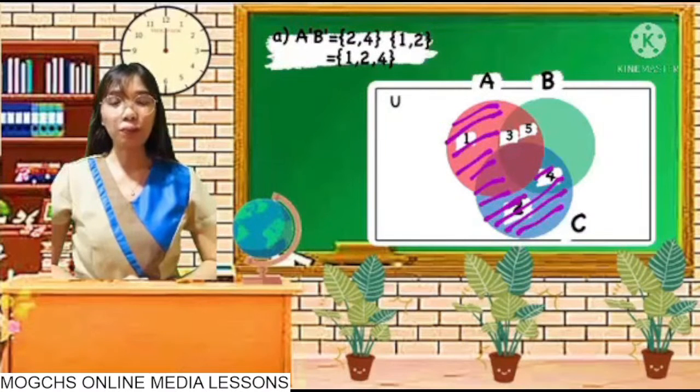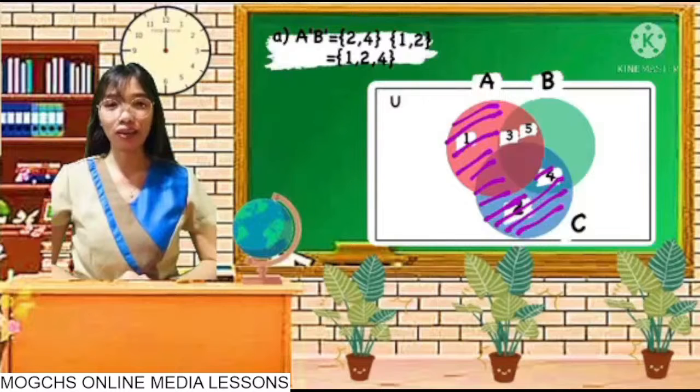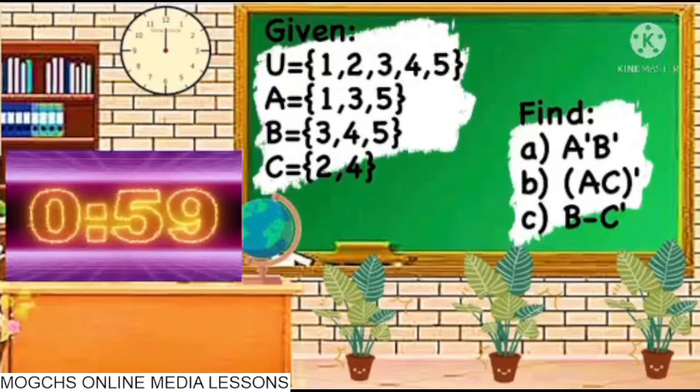For A prime B prime, that is elements 2, 4, and 1, 2. Thus, we have the final answer 1, 2, and 4. Start answering for letter B, A, C prime.